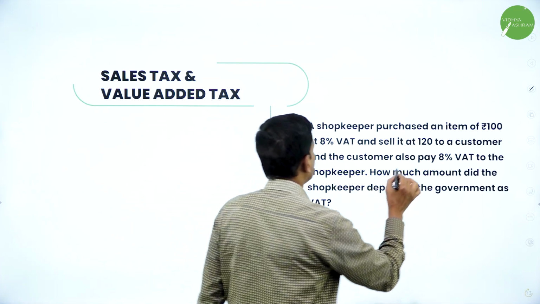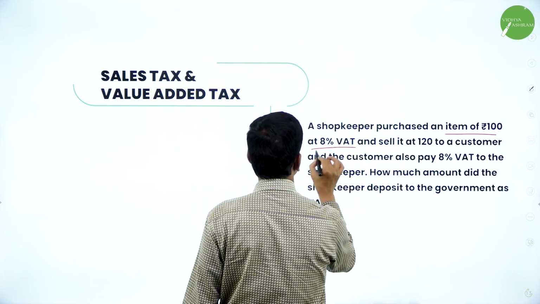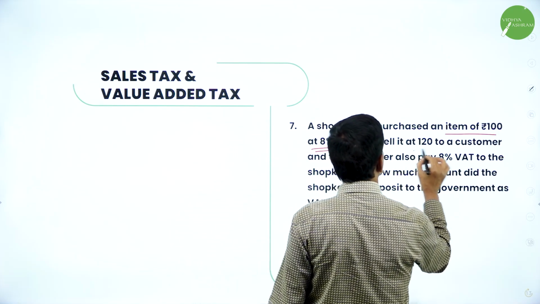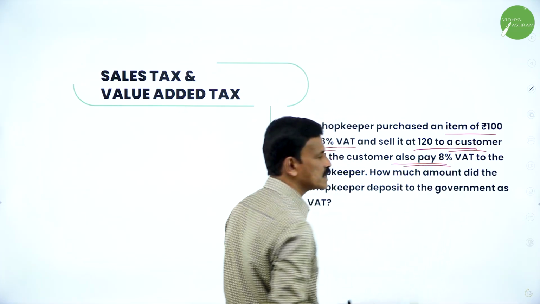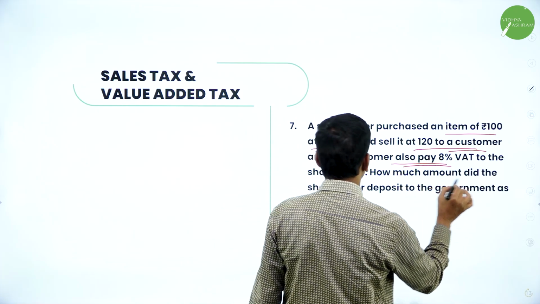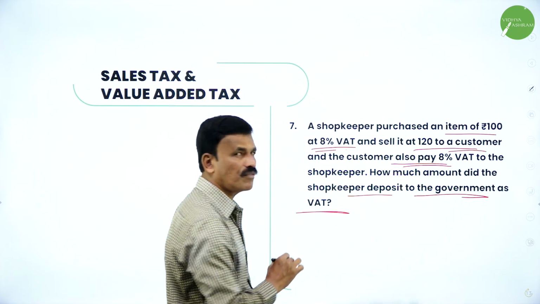A shopkeeper purchased an item of rupees 1000 at 8% VAT and sells it at 120 to a customer, and the customer also pays 8% VAT to the shopkeeper. How much did the shopkeeper deposit to the government as the VAT?